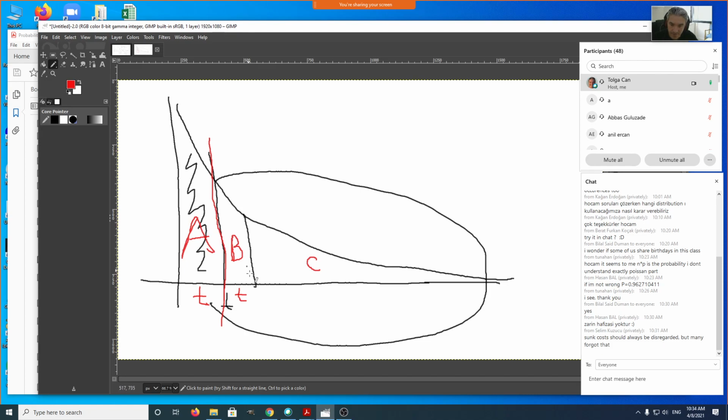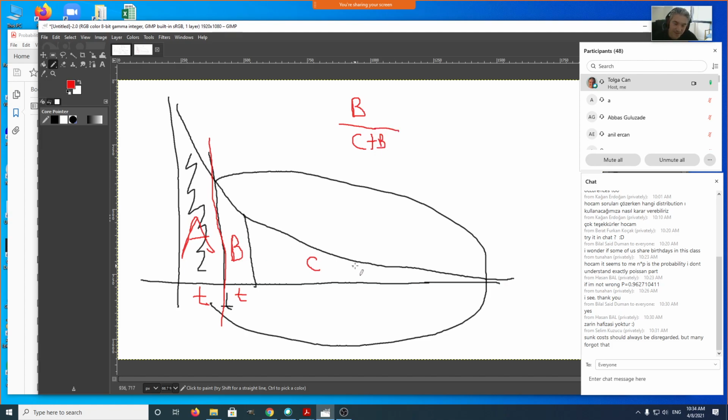So the probability that the success is going to occur in the next t, given that this was not successful, is not B over C, it is B over B plus C. These are the individual areas.